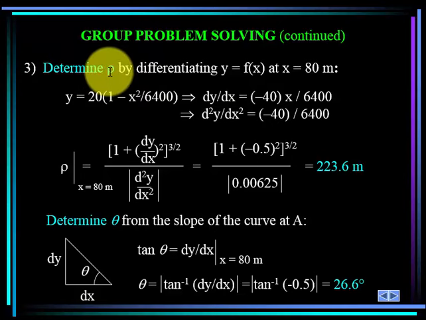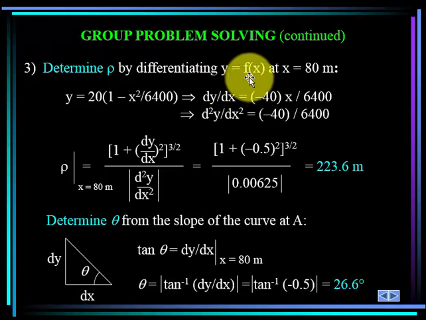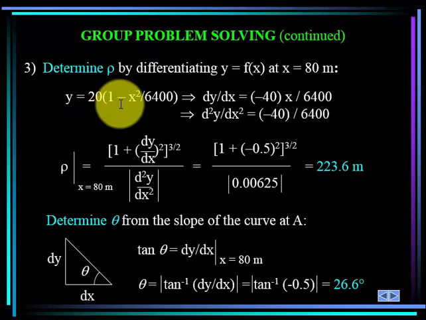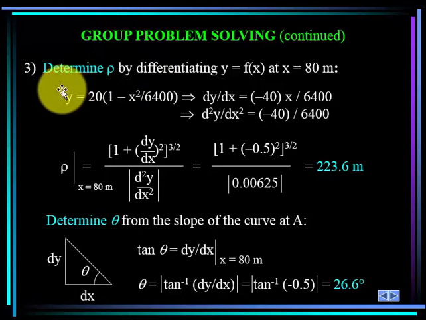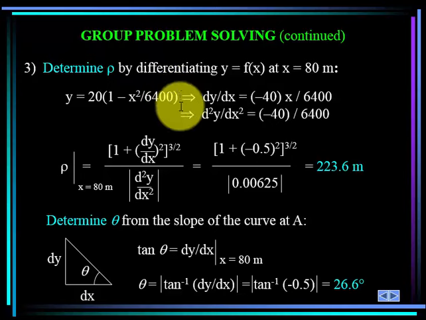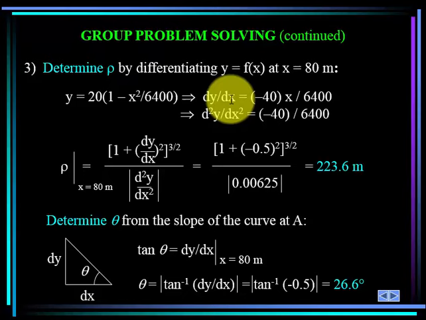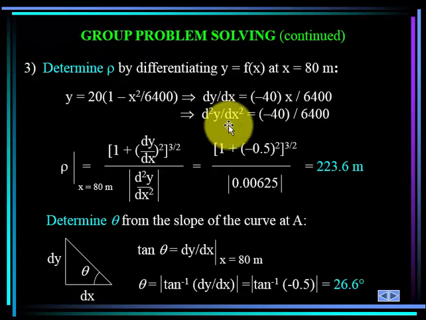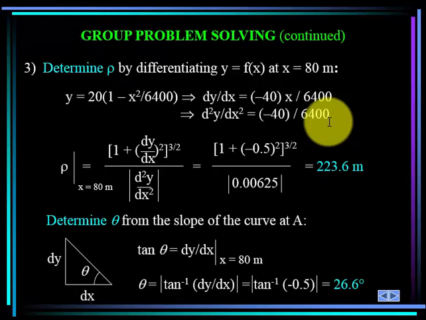And so, we determine the radius of curvature by taking two derivatives of y equal f of x. In this case, y is 20 times 1 minus x squared over 6400. This is y equal f of x. Remember, we're taking dy dx. No chain rule in this one. It's just the simple derivative, and that's going to be minus 40x over 6400. And then the second derivative will be the derivative of that with respect to x, which will just be minus 40 over 6400.